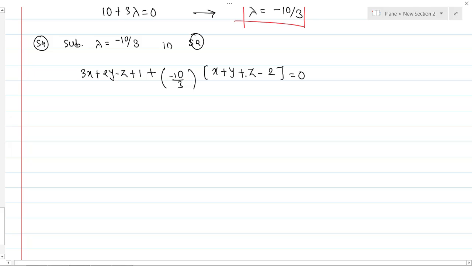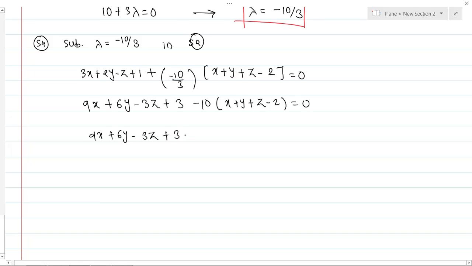Okay, now let's solve this. So multiply the equation throughout by 3. So you will have 9x plus 6y minus 3z plus 3 minus 10 into bracket x plus y plus z minus 2 equals 0. So 9x plus 6y minus 3z plus 3 minus 10x minus 10y minus 10z plus 20 equals 0.